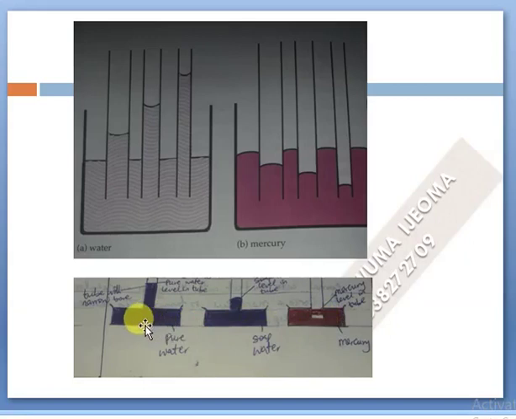In the first beaker, the pure water rises at a higher level in this tube. Now look at the second one where you have soap water. There is a rise also, but it's not as high as the first one where you have pure water. Now look at the beaker with mercury. There is a depression in the mercury level.